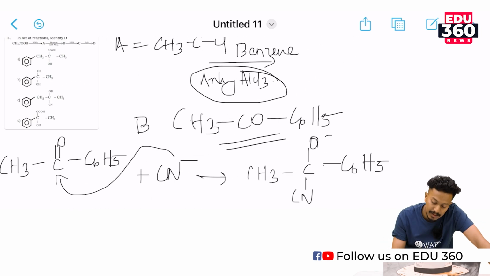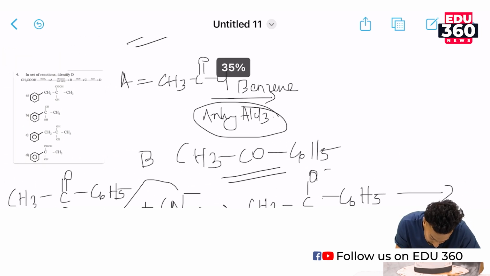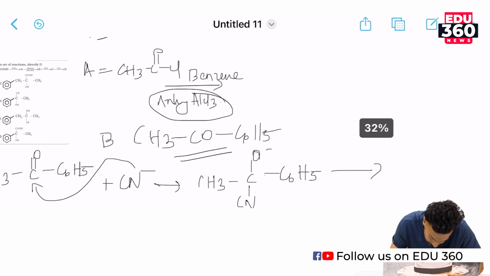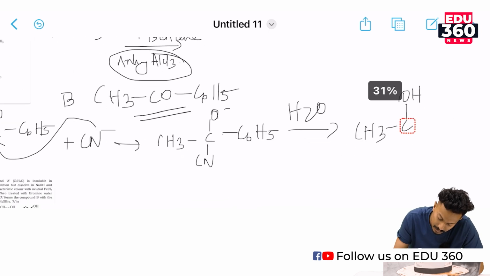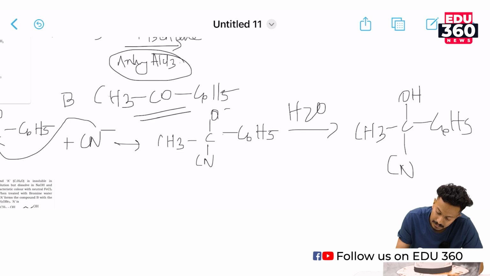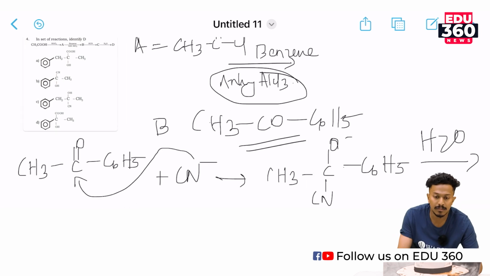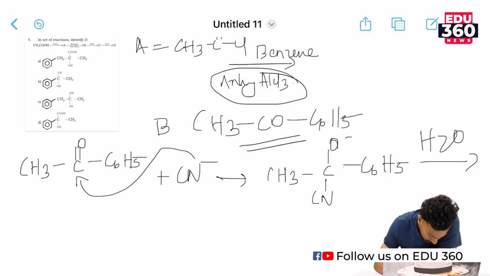Which gives us CH3 C(OH)(CN) C6H5 upon hydrolysis. Where do we have this one? Option number C. Isn't this correct? One second.